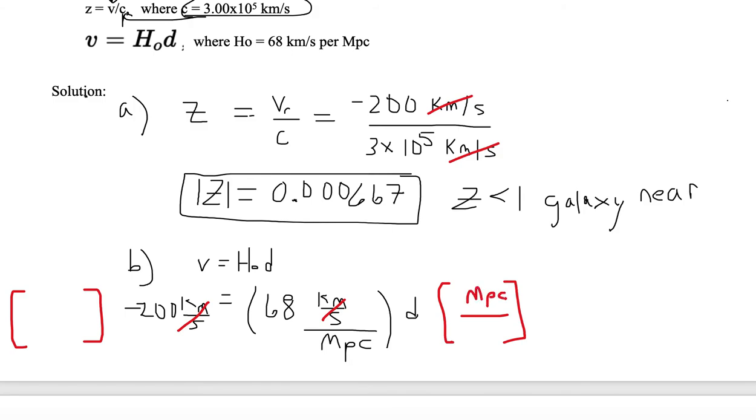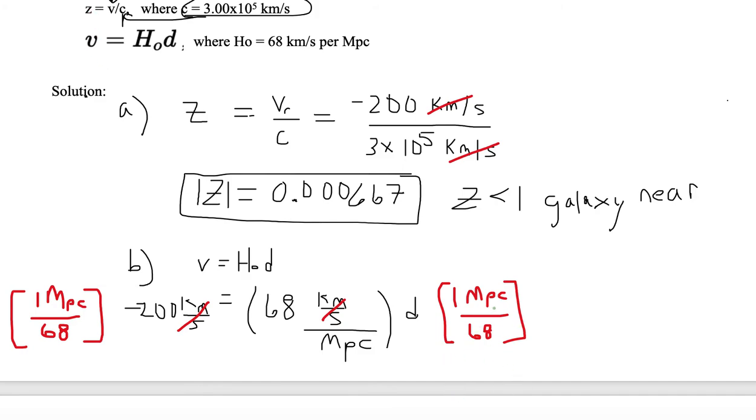And if you feel comfortable putting the 1 there, go ahead and put a 1. And then we have 68 in the numerator. We don't like it, so we're going to put 68 in the denominator. And then we're going to copy everything over to the other side, so it's the same, and 1 megaparsec on the top. Now we can go ahead and cancel letters and numbers.